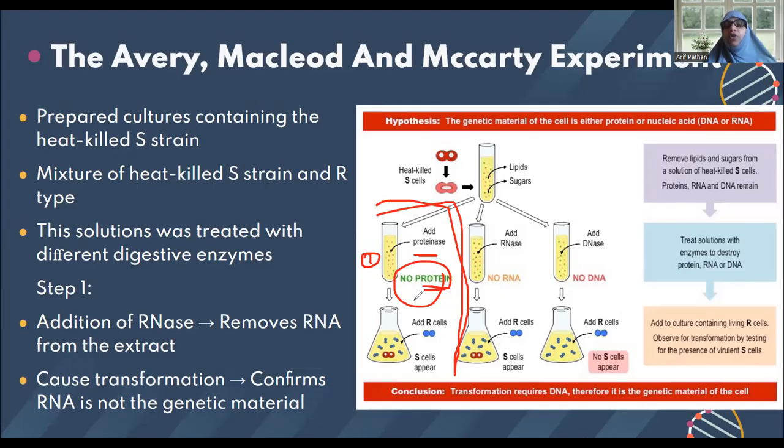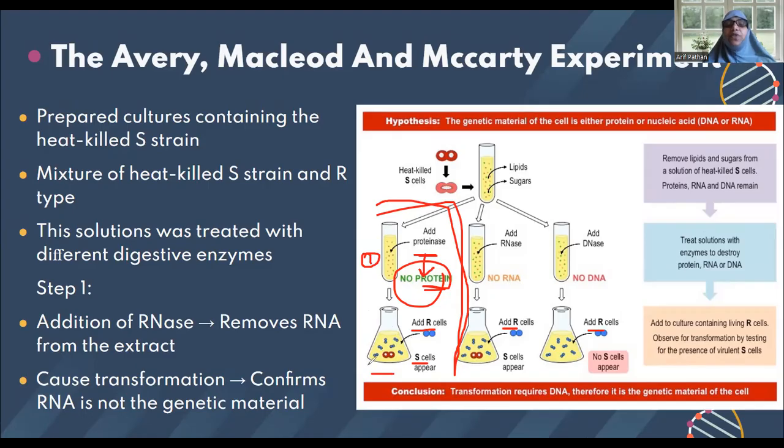So proteins are no longer there to convert the rough strain into heat killed S. Then the rough strains were added as we just discussed. Since proteinase already cleaved the protein molecule, there is no protein in this solution.